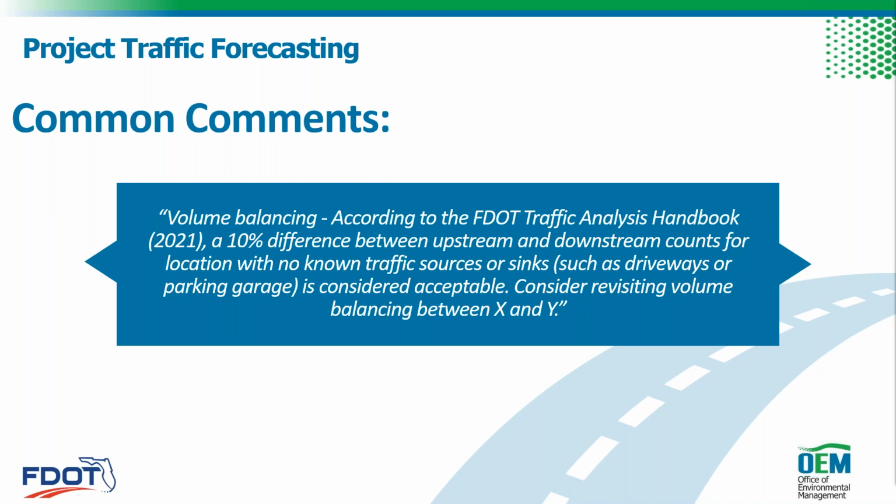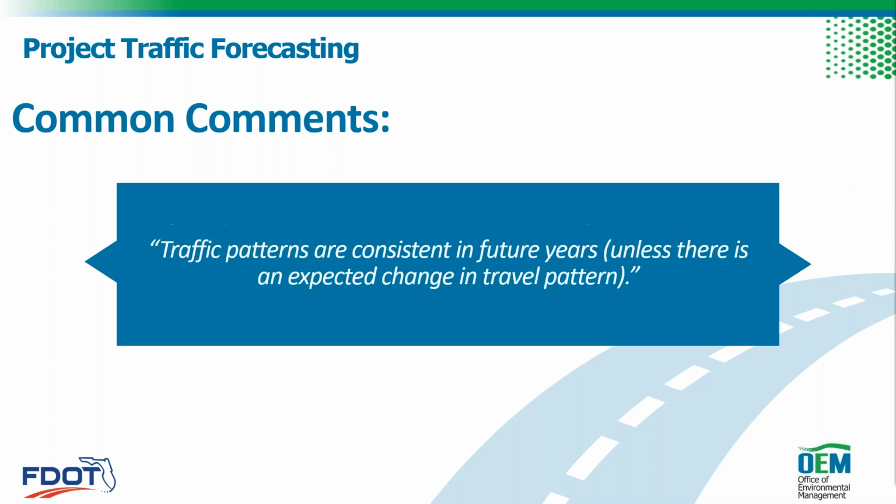If there's a good reason, please provide some documentation in the PTAR so we can avoid comments like this. Then traffic patterns are consistent in future years unless there's an expected change in travel patterns. Again, it's just simple things. If the peak direction is flipping, or if you have a turning movement that's growing a lot, is there a good reason for it? Does it make sense? You just kind of want to do these common sense type of checks.